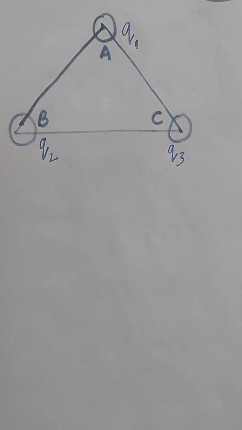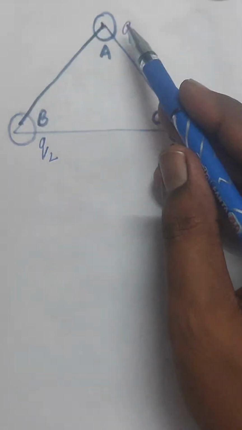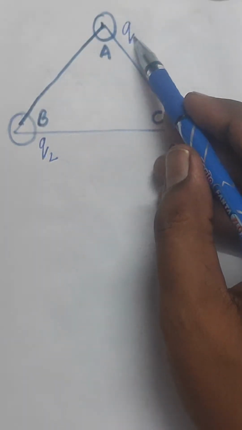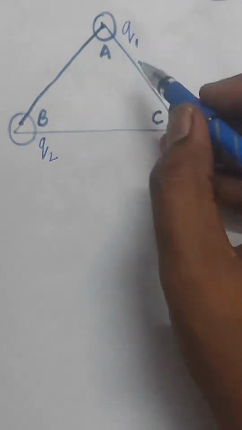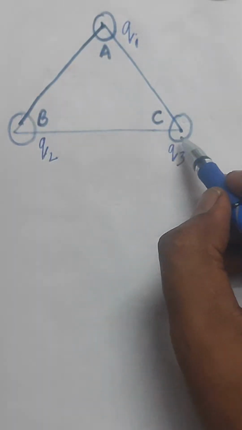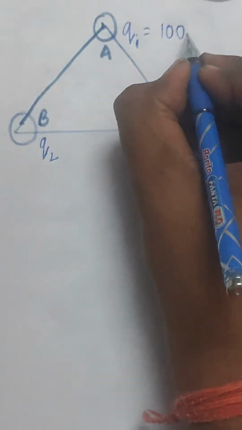Now, in this question, it has been said that the charges Q1, Q2 and Q3 are 100 ESU, minus 100 ESU and 50 ESU. So Q1 is 100 ESU, electrostatic unit.